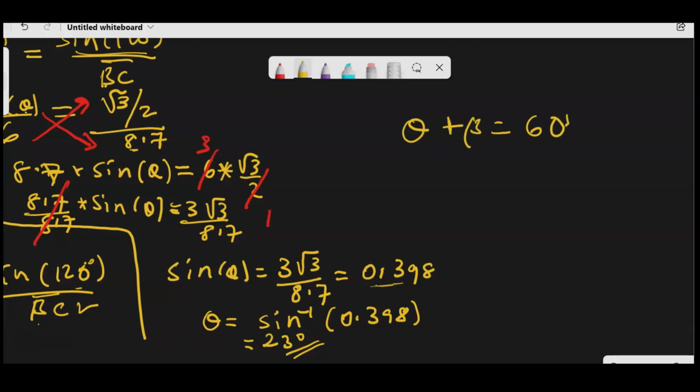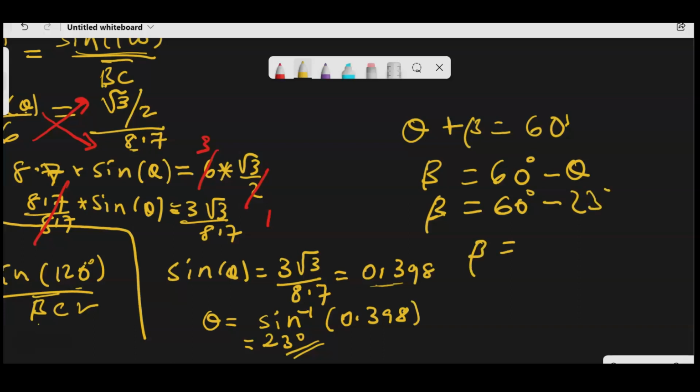That means beta will be 60 degree minus theta. So beta is 60 degree minus 23 degree, and beta is equal to 37 degree. So that's the value of angle beta.